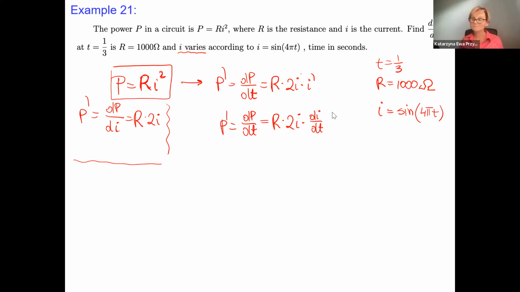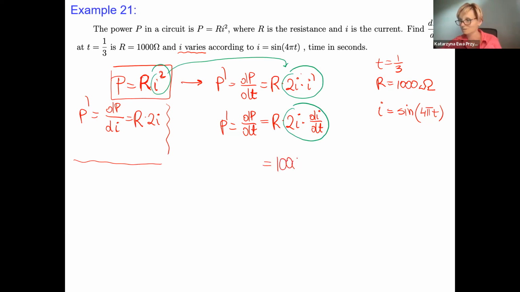This is the proper form. Please do not forget what I did. Now let's substitute.